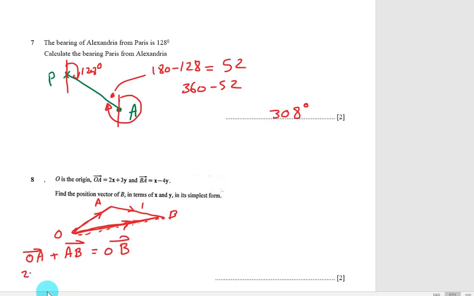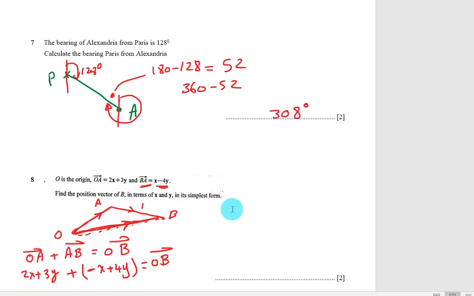OA is 2x plus 3y, this is BA. AB is equal to minus BA. So here minus, and then x plus 4y will equal OB as a vector.